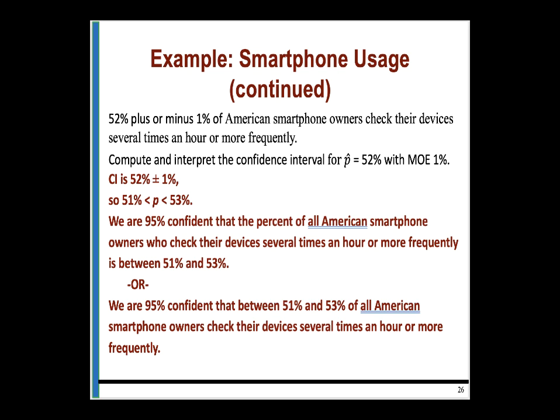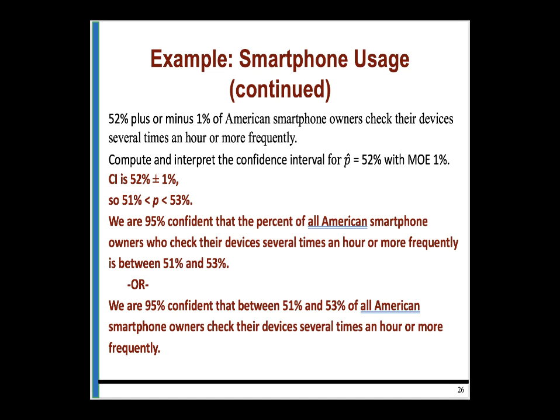If we take a look at the smartphone usage again, where we had 52% plus or minus 1%, then the confidence interval is 52% plus or minus 1%. If we wanted to get the range of values, we would simply subtract 1% and add 1% and then we get the range 51% to 53%. What this result tells us is that we are 95% confident that the percent of all American smartphone users who check their device several times an hour or more frequently is between 51% and 53%.